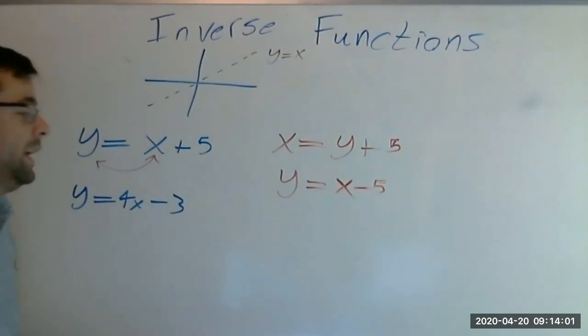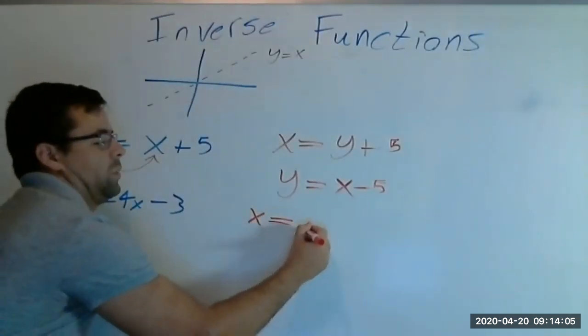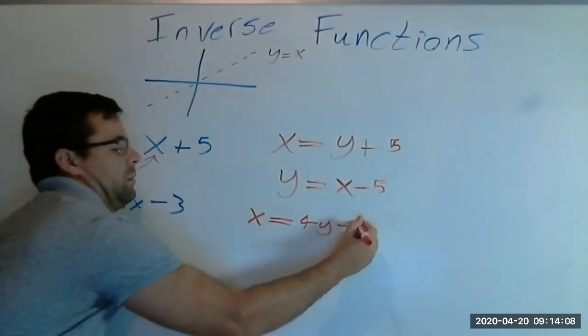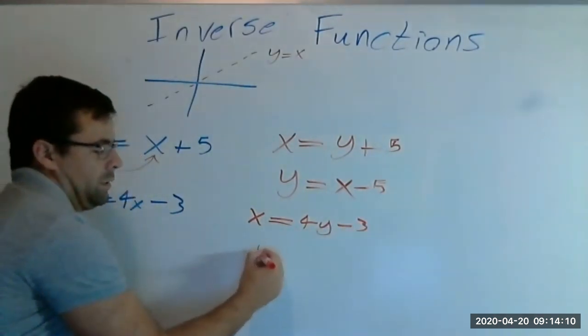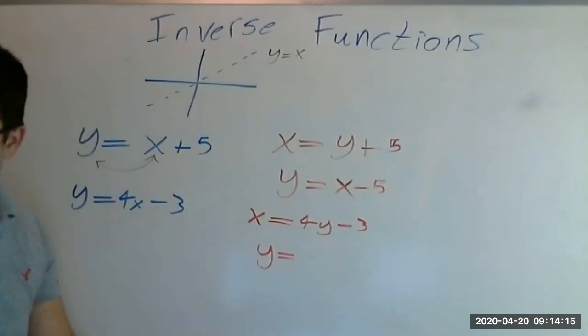Everywhere we have a y, we put an x. So this becomes x equals 4y minus 3. So what does y equal?